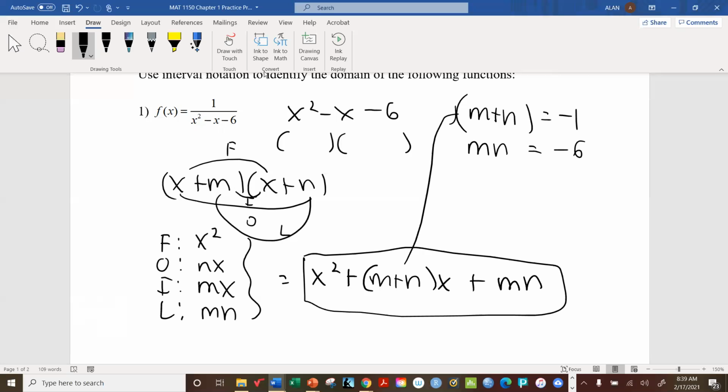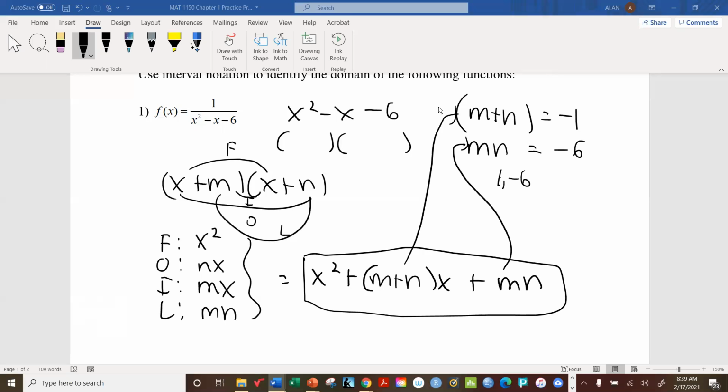This last term, this constant, is mn. Now, what we have to do is look at this -6, and we need to find all the pairs of integers whose product is -6. This is not the only way of doing this. So for example, you could try 1 and -6.